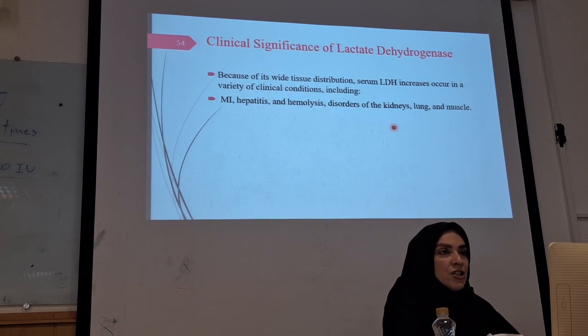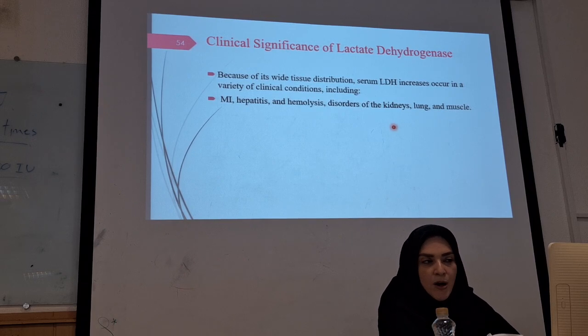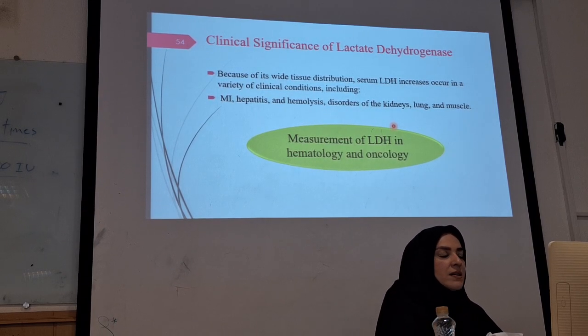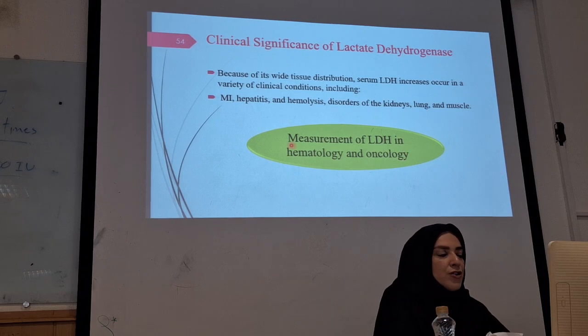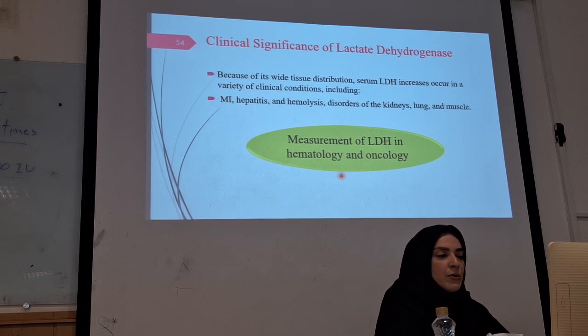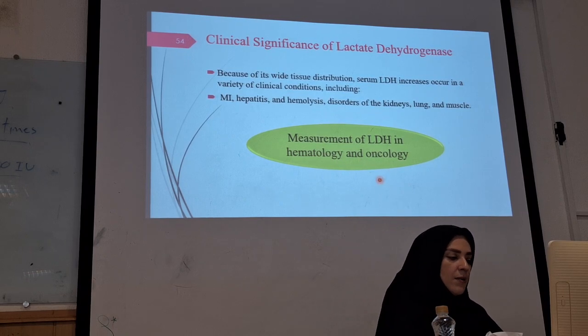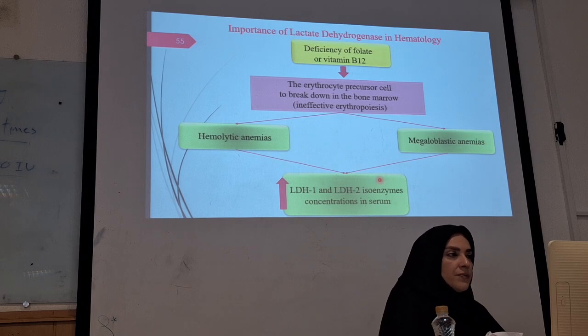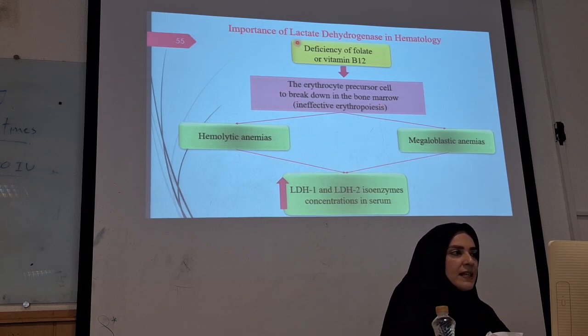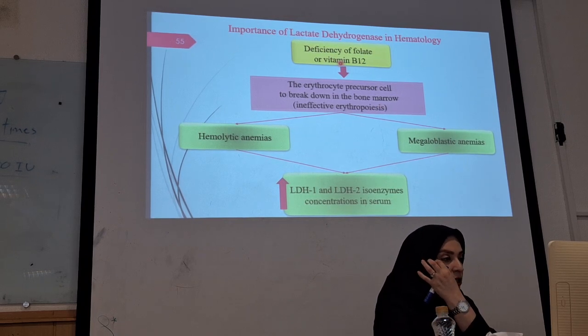So, as I mentioned, this enzyme is not a very specific biomarker. But nowadays, measuring the activity of lactate dehydrogenase is very common in which field? Hematology and oncology, like some cancers. This is the last slide. This is the importance of lactate dehydrogenase.